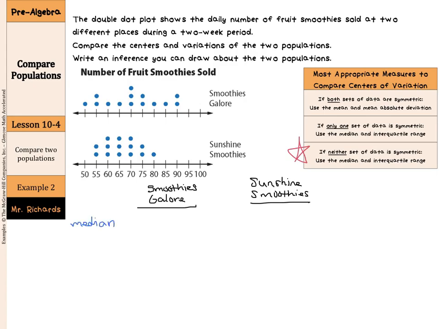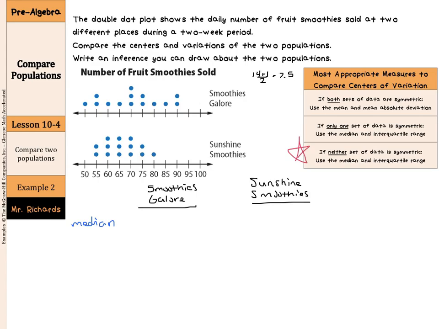Now, it's not quite as easy as our box plots. So we need to count the number of data values we have. We have 1, 2, 3, 4, 5, 6, 7, 8, 9, 10, 11, 12, 13, 14. Well, if I use my little trick to find the median, it's going to be the 14 plus 1 divided by 2 term, which means the 7.5 term.